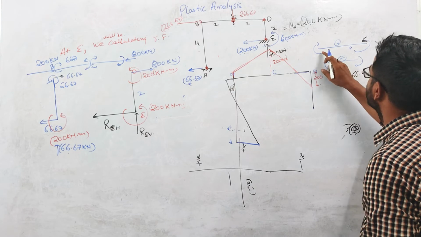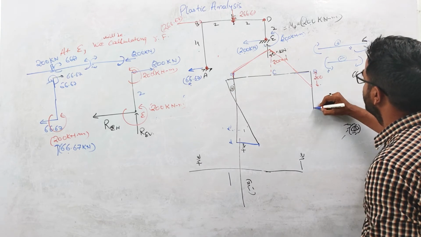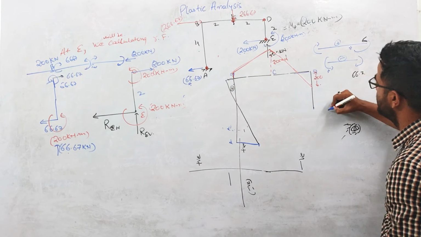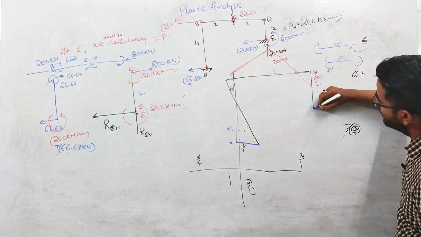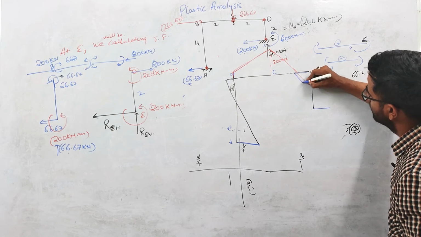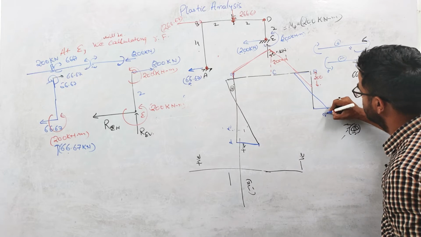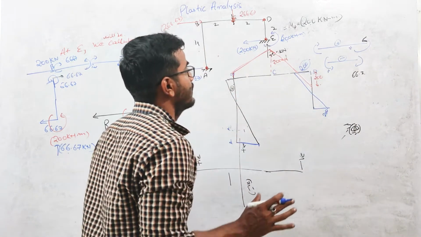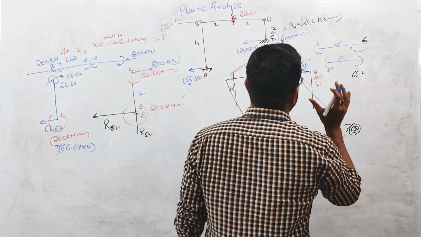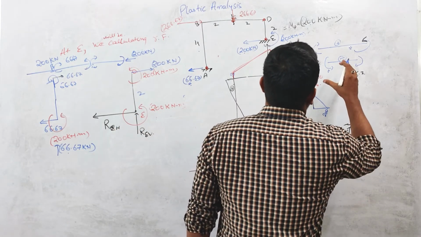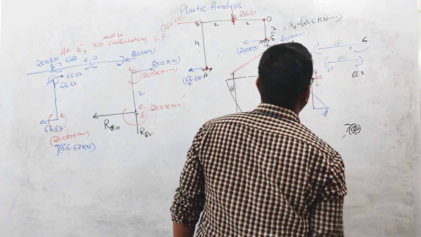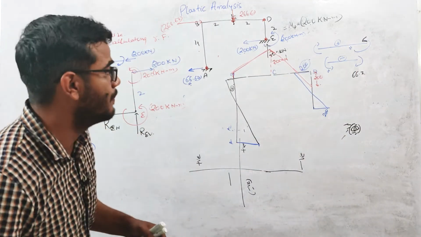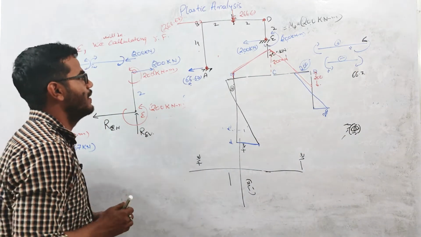So anti-clockwise moment will be considered negative. If you move from this direction, anti-clockwise moment will be considered negative. So it will be drawn from this side, right? So you are just assuming the same assumption which you have assumed in the simple beam while drawing the bending moment diagram for the simple beam case. Okay, so this is our BMD, right?